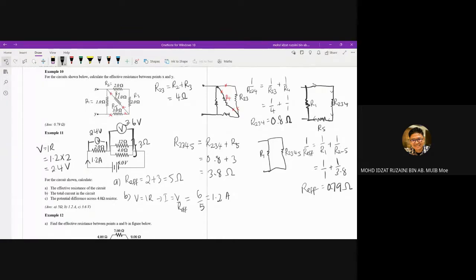So if this is 3.6 volt, this 3.6 volt applies to the 4 ohm, also applies to the 12 ohm. It is the same top and bottom, because they are connected in parallel. That is for question C. So for the 4 ohm, the answer will be 3.6 volt. Okay, so write your working to get 3.6 volt. The important thing is you understand how to get the 3.6 volt: 6 minus 2.4 gives 3.6.